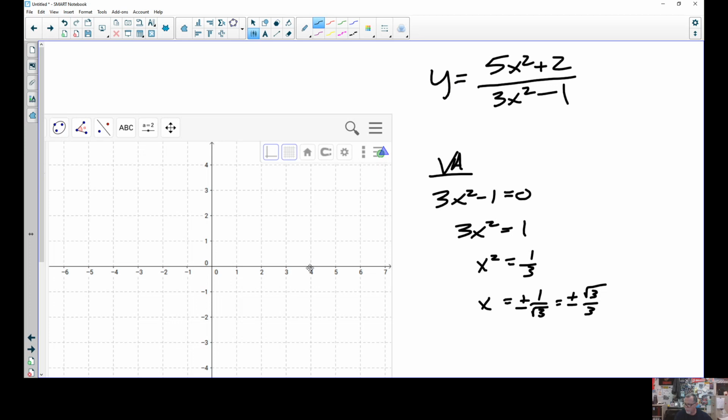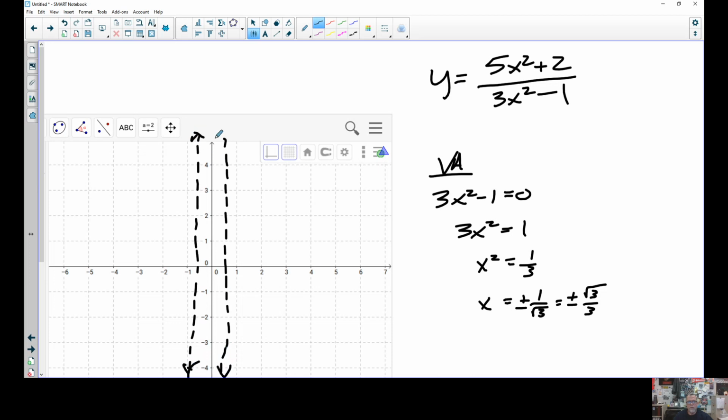And what is that value? Let's see. Square root of 3 divided by 3 is about 1/2. So both on this side and this side, both positive and negative root 3, we would have, whoops, that's kind of veered off.